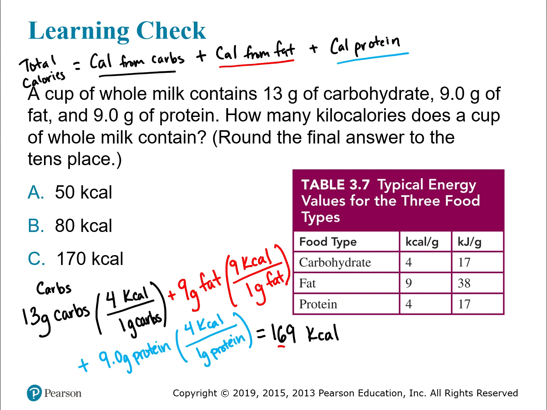There's the tens place. Look at the 9, it's 5 or more. So we increase that 6 to a 7. Our answer is C.